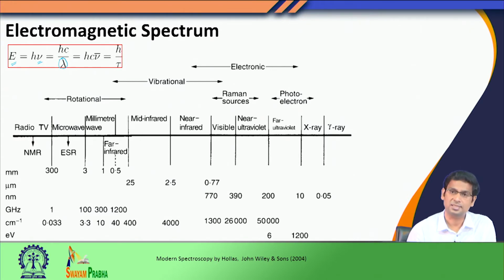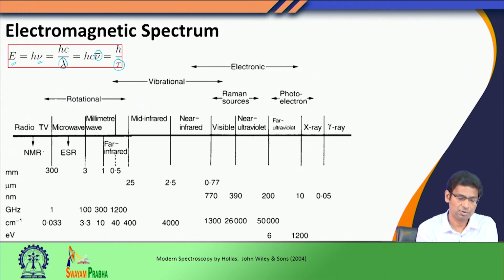Then the relation is hc by lambda. Or we can use its wave number, nu bar, given in the unit of meter inverse or centimeter inverse, or we can describe it in terms of its period, because electromagnetic radiation is a wave. So different characteristic properties of the wave can be used to express the energy of the particular electromagnetic radiation.